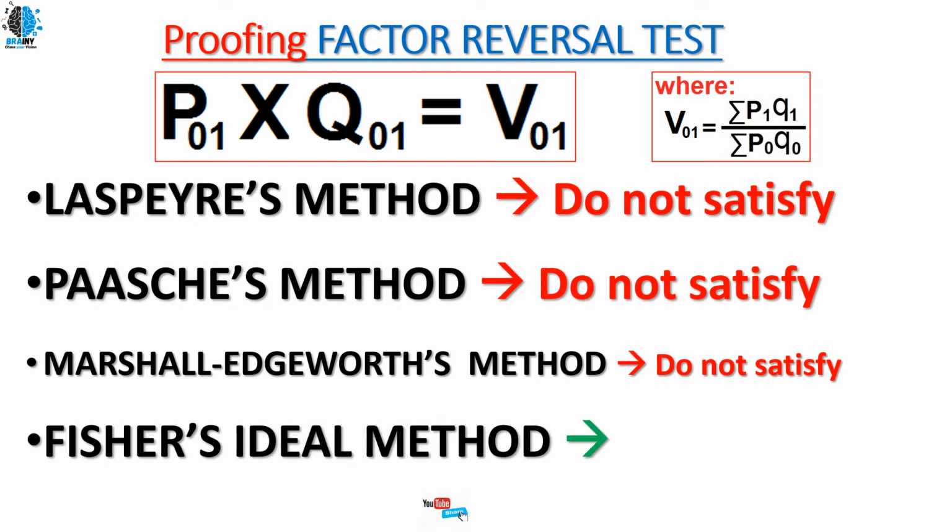Only Fisher's ideal method is going to satisfy the factor reversal test. That's the reason Fisher's method is also called Fisher's ideal method, because it satisfies the time reversal as well as the factor reversal test.